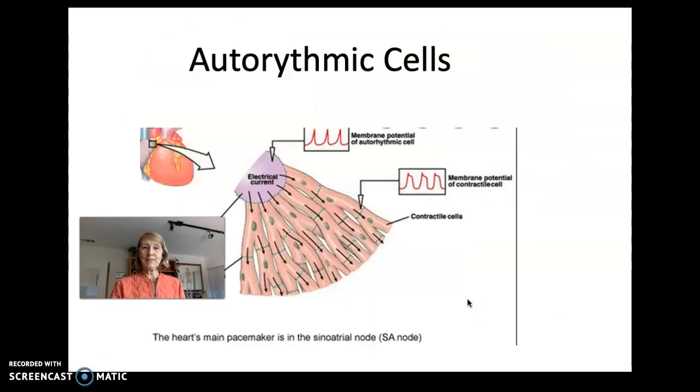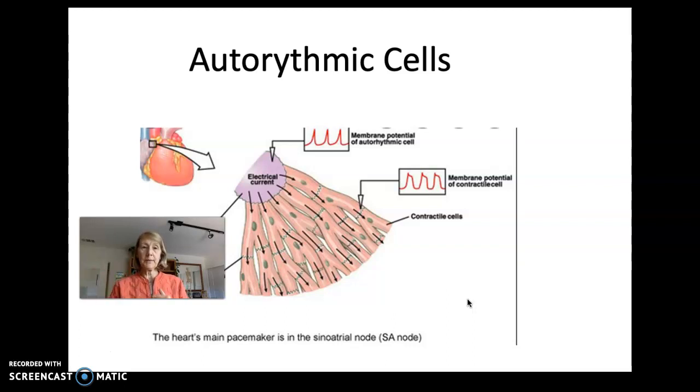But we're going to continue on here and take a quick look at autorhythmic cells. So autorhythmic cells are these fantastic 1% of the cells of the entire heart that have this incredible capacity of creating an action potential spontaneously. They don't have to wait for the brain to send that signal.